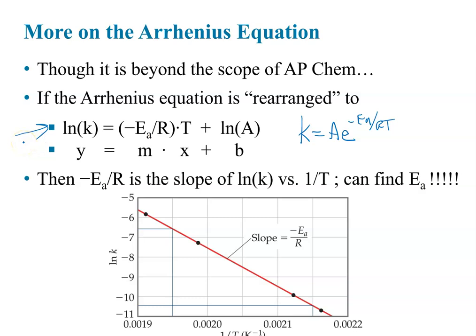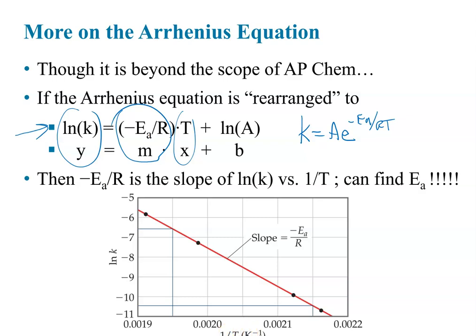Now this is a straight line equation where ln K is your y, negative EA over R is your slope, 1 over temperature is your x, and the y-intercept will be your collision factor, or frequency factor.